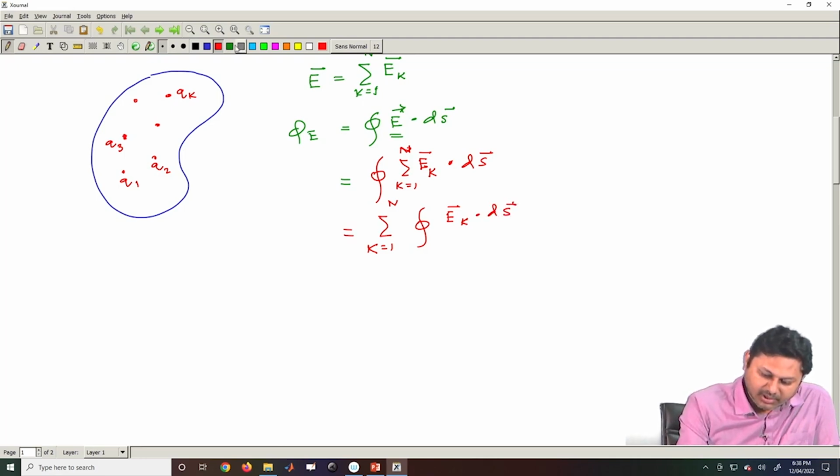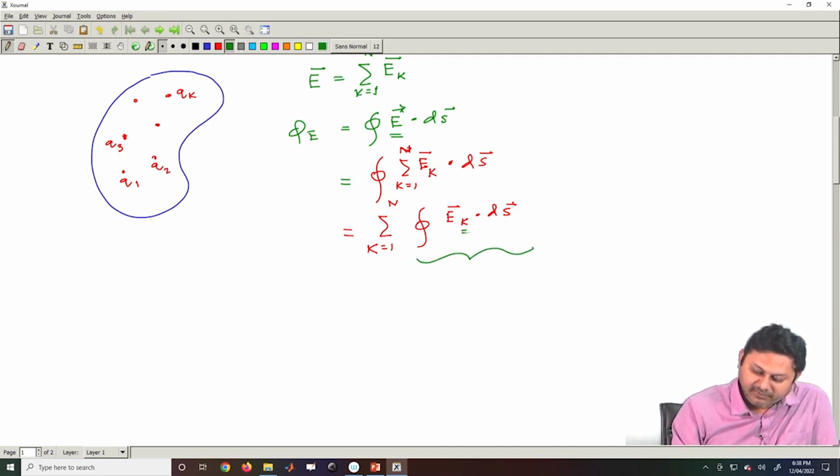Okay. So, this quantity is for each and every point charge which is here, and for that we know the value should be q k divided by epsilon 0 according to Gauss's law. So, eventually I have my total flux phi e to be the summation of k equal to 1 to n of q k divided by epsilon 0.